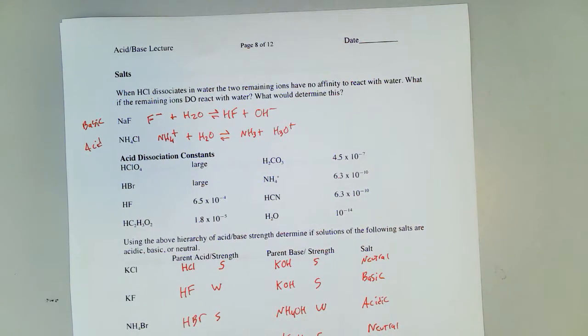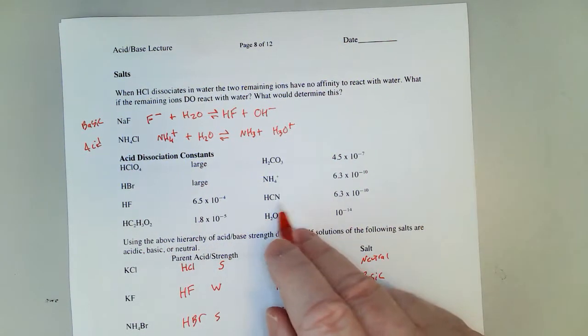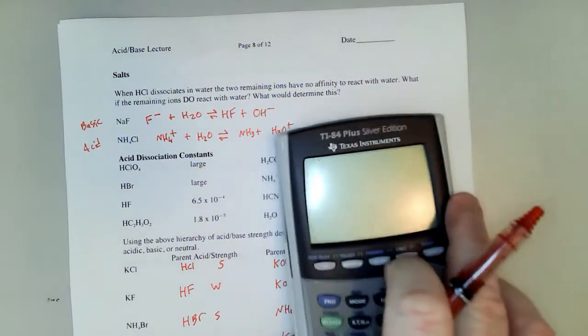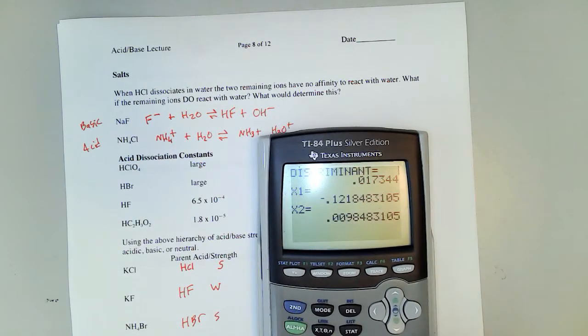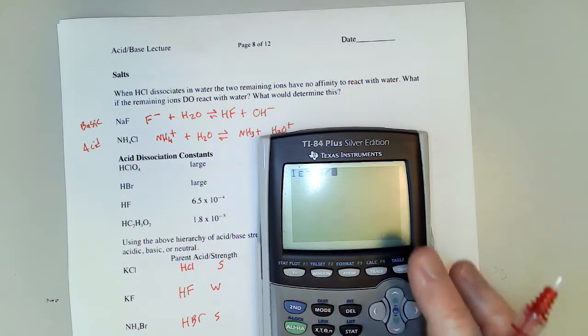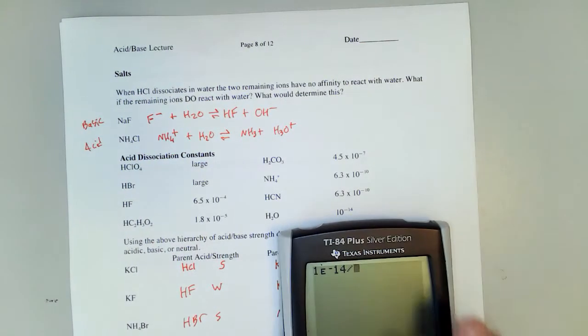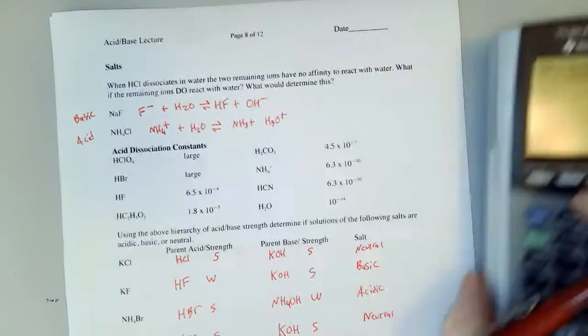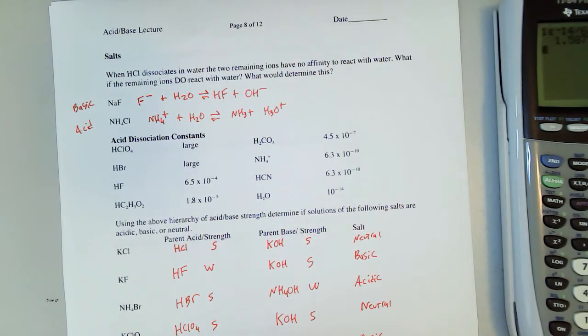Now for the CN minus, I have a Ka for HCN, so I can find it using Kw: 1 times 10 to the negative 14 divided by HCN's Ka, which is 6.3 times 10 to the negative 10th. And that gives me 1.6 times 10 to the negative 5th.